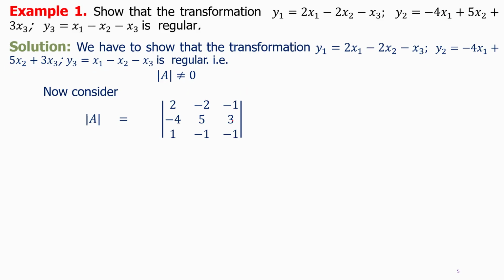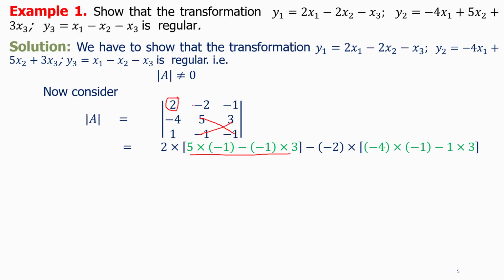Now we want to simplify this determinant, or find out its value. If the value of this determinant is not equal to 0, then we say that the transformation is regular. So let us try to simplify it. 2 multiplied by (5 into minus 1 minus 1 into 3).